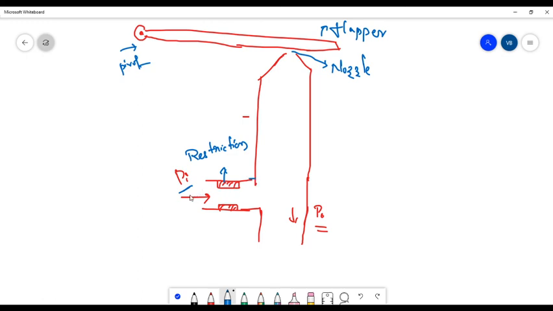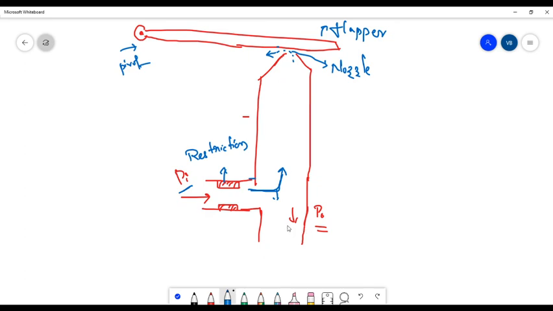So if we apply the pressure here, it may go in this direction or in that direction. First it will choose this direction. If there is a gap, if there is more gap, then whatever pressure is applied goes out through this small gap.